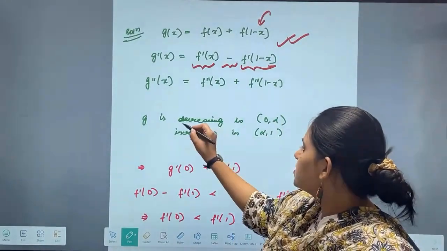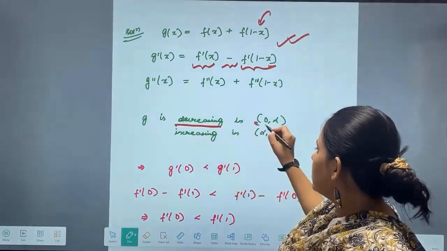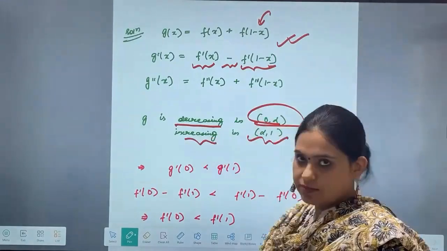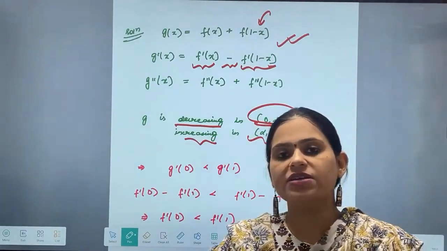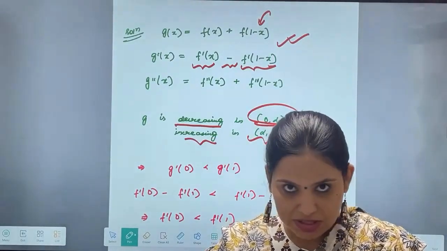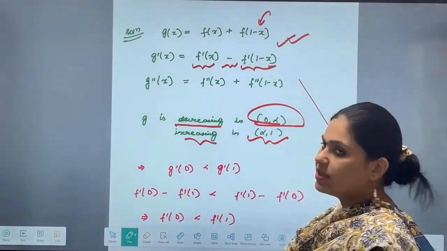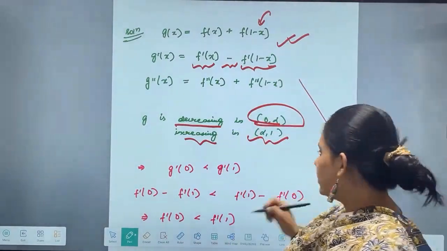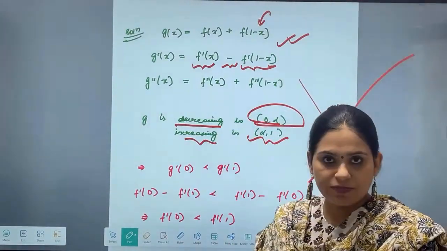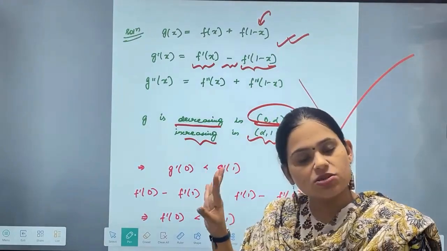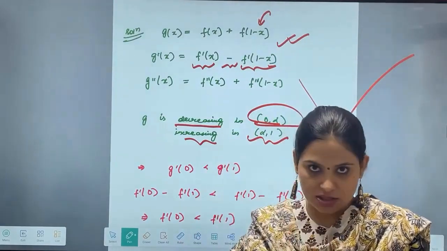g dash x is saying that it is decreasing in 0 to alpha and increasing in alpha to 1. Beta, what is the meaning of decreasing? Decreasing means that the slope is negative. If something decreases, its slope is negative, and increasing means its slope is positive. So if it is decreasing in 0 to alpha, its slope should be negative.